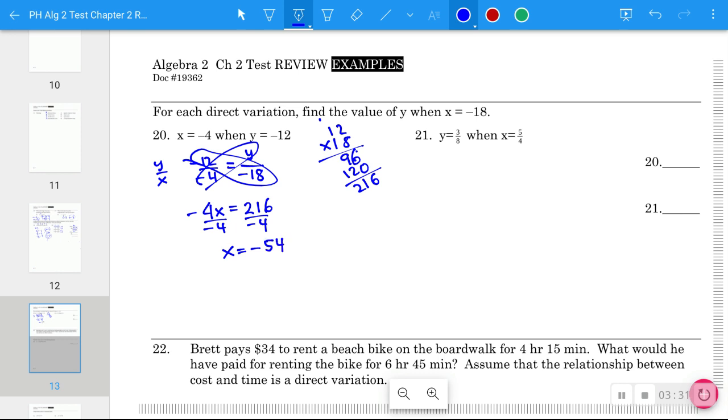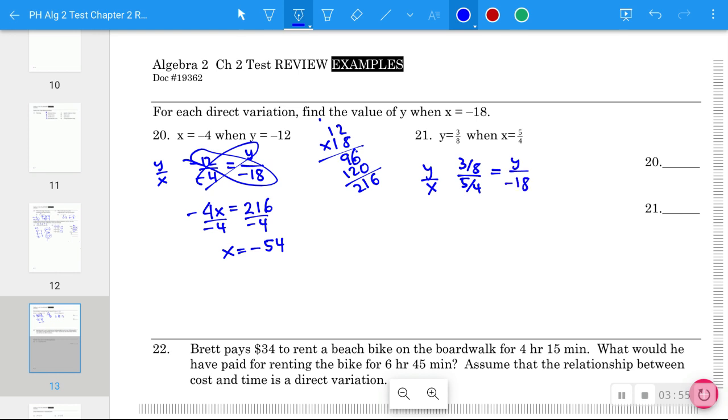Okay, on the next one here, we're supposed to find a y value when x is negative 18, same directions, but this time we're dealing with a y that's 3/8 and an x that's 5/4. So 3/8 divided by 5/4, and on the other side, y over negative 18.